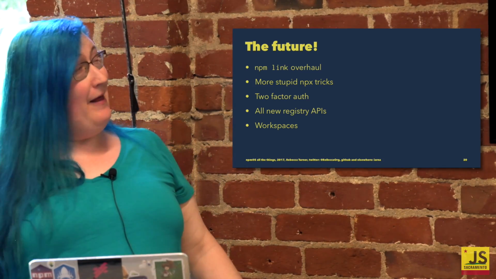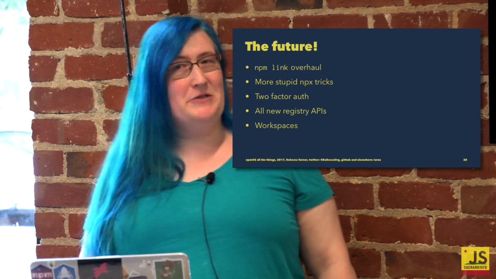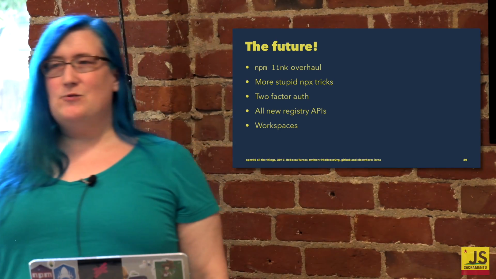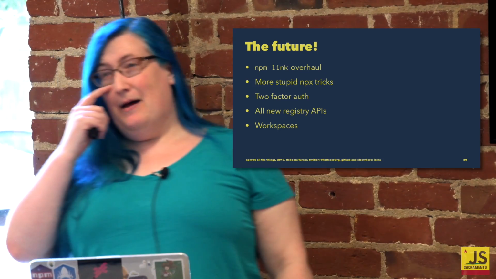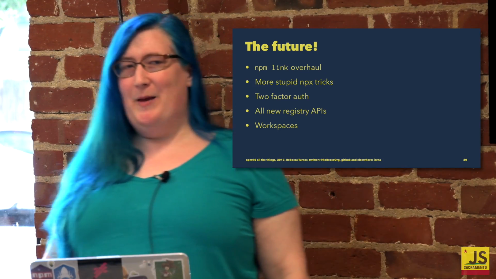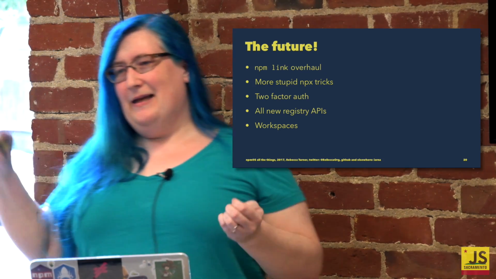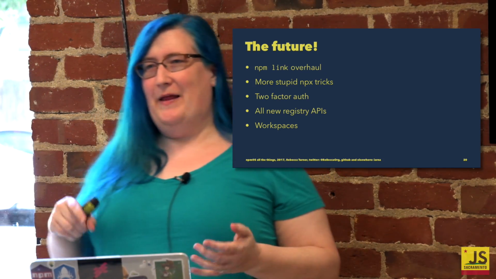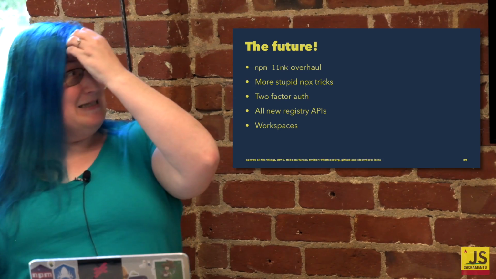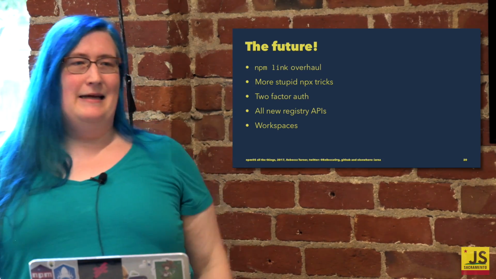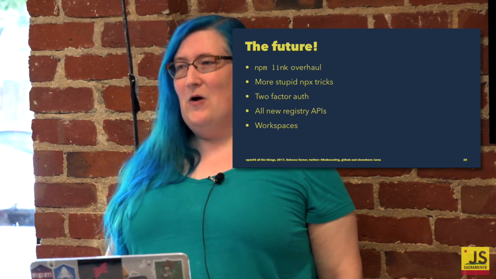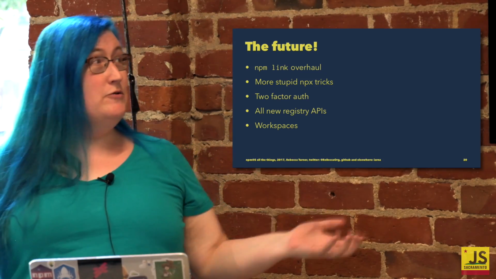Another plan for the year involves all new registry APIs, where we're rewriting the registry. Historically, you talk to the registry using gets and posts that are based off of CouchDB APIs. It's not particularly designed, and it isn't scaling to the current level of traffic and use that it gets.